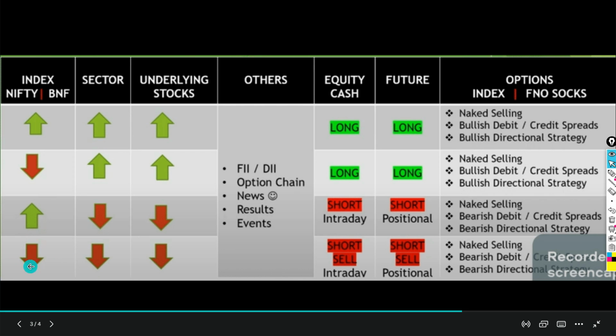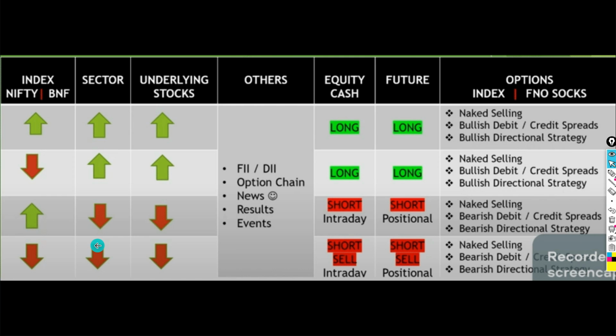Even if the Nifty is coming down, take double confirmation from the sector. If the sector is also coming down at the resistance level, or also giving a breakdown, then with both Nifty and the sector giving a breakdown, you can go and deploy the put debit spread.